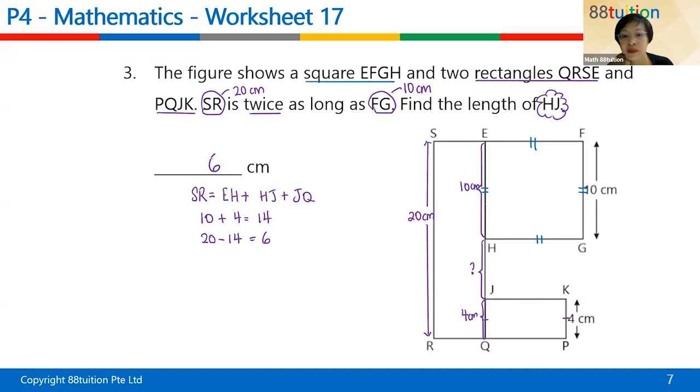Okay. Can anyone want to ask about question 3? Any problem?